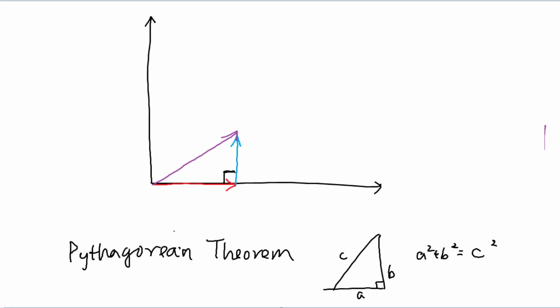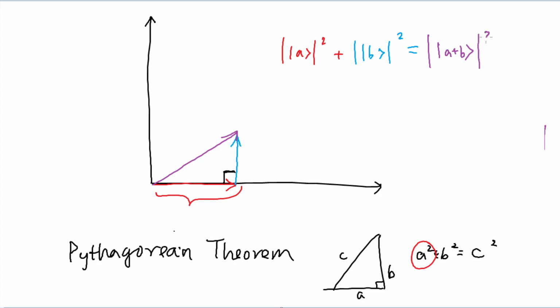And so based on what we've just shown you through the Pythagorean theorem, we can clearly state that the magnitude, and recall in this case the magnitude can be represented by the length, so the magnitude of your ket vector A squared, plus the magnitude of your ket B squared, should be equal to the magnitude of A plus B, the vector it forms, squared.